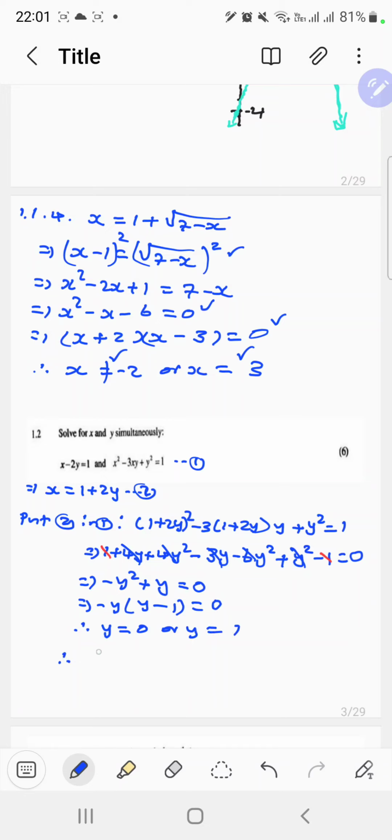And therefore we know that x is going to be 1 plus 2 into 0, which is just going to be equal to 1, or x is going to be 1 plus 2 into 1, which is 3.